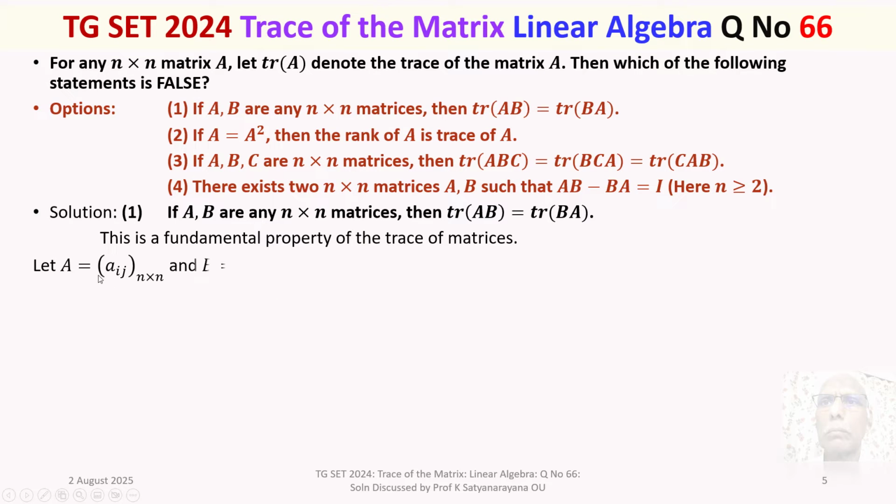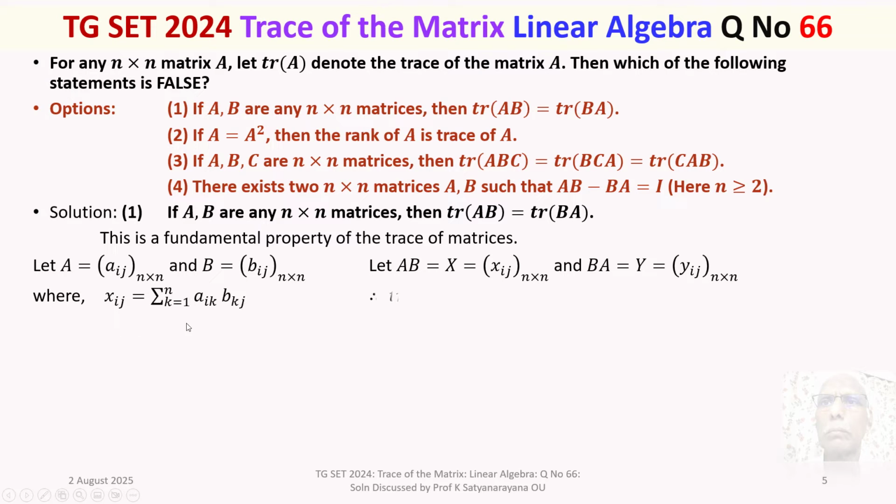Let A be (aij) n by n. Let B be (bij) n by n. Let AB is equal to capital X is equal to (xij) n by n, and BA is equal to Y, where Y is (yij) n by n, where xij is sigma k is equal to 1 to n, aik into bkj. And what is the trace?